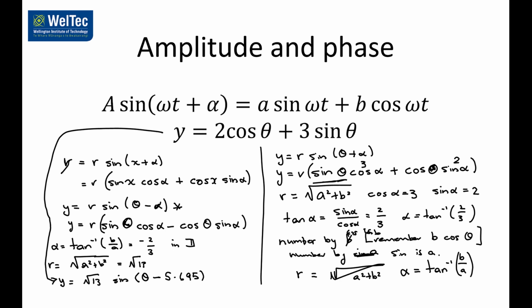The usefulness of this is, suppose we wanted to solve something like 2 cos theta plus 3 sine theta is equal to 2. Then we would have to rewrite it in some different format, and then solve it.